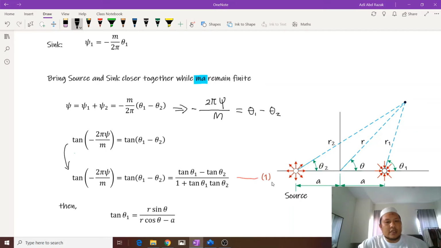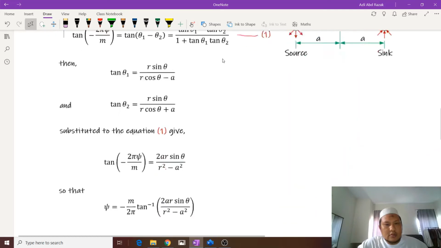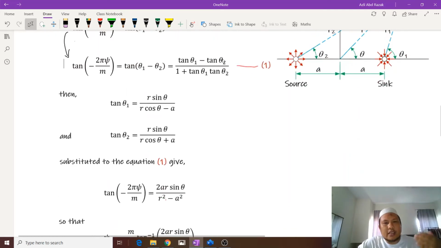From these equations, we know that the tangent of theta 1, you can see from this figure also, is tangent theta 1.